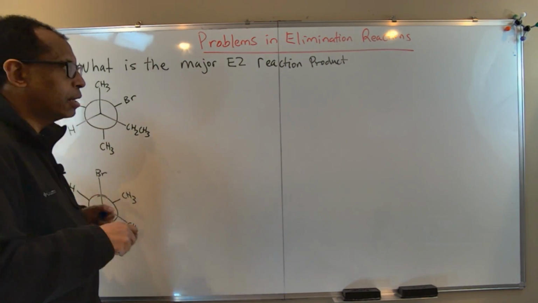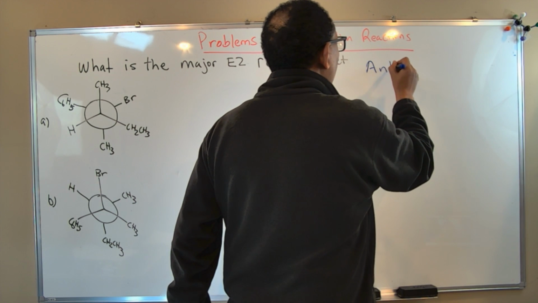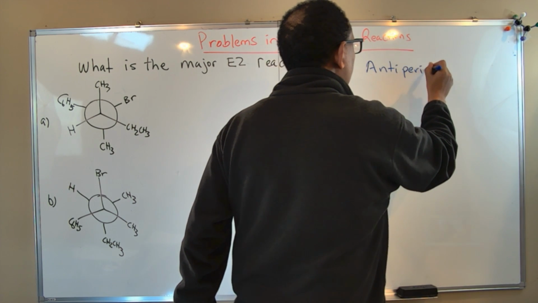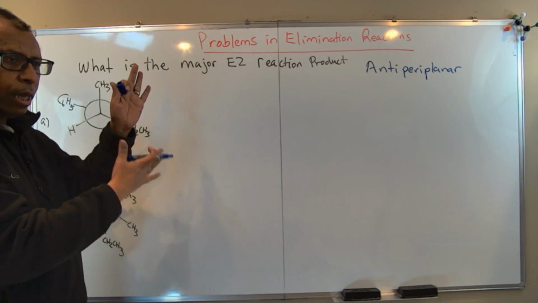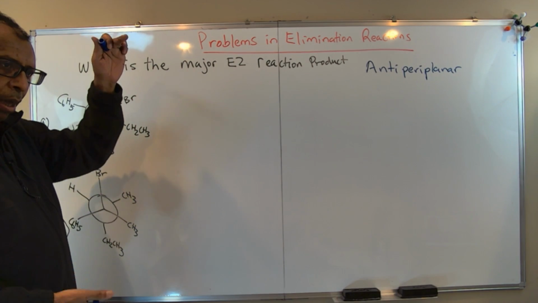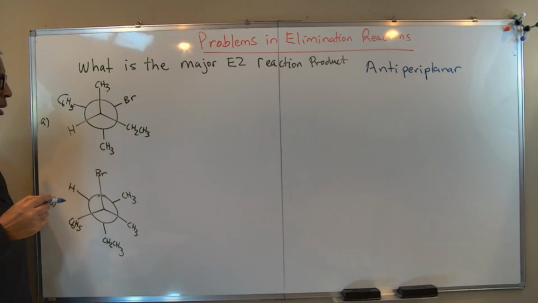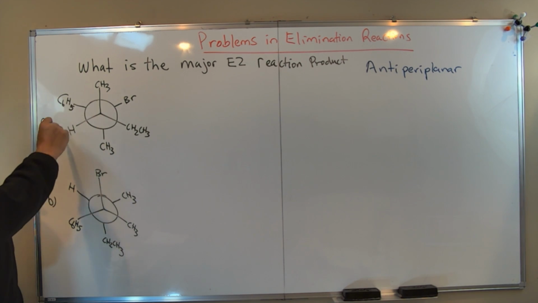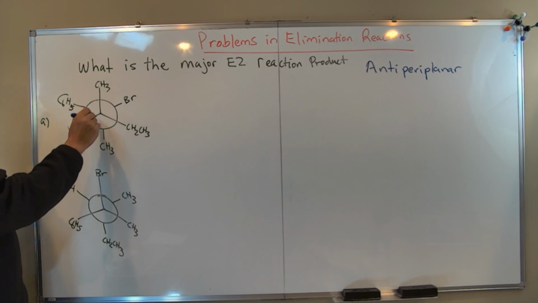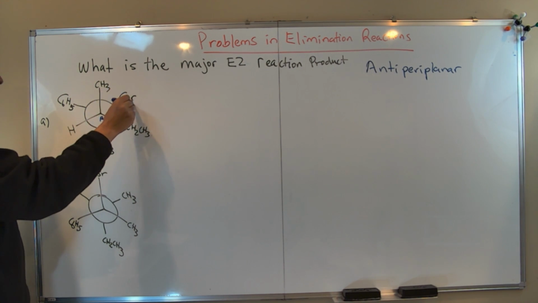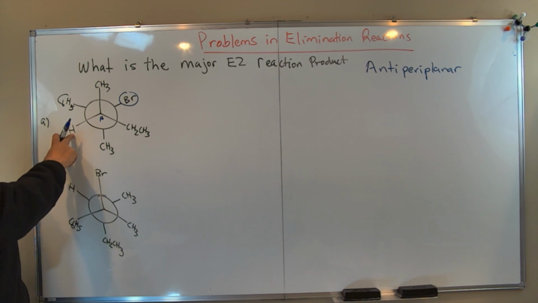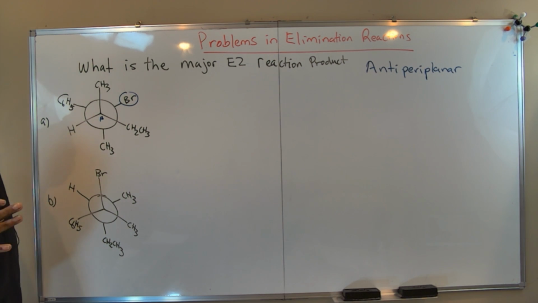The concept of anti-periplanar means that the hydrogen and also the halide should be in the same plane, and they have to be 180 degrees. So here this is the hydrogen that's potentially on this beta carbon. The alpha carbon is into the plane of the board, which is containing this. This hydrogen and that bromine are actually anti-periplanar already.